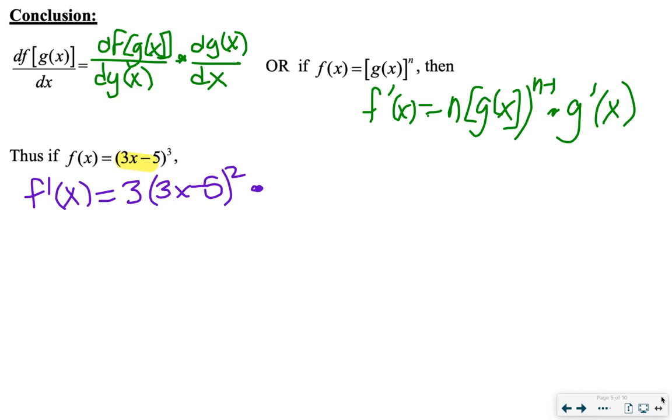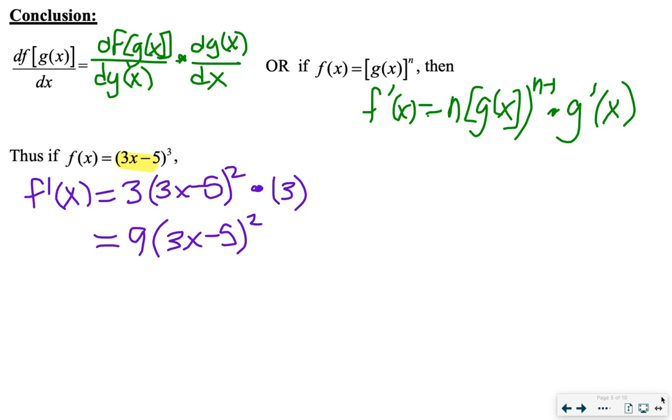Multiply the derivative of that g of x, which is just 3, and that simplifies to 9 times 3x minus 5 all squared. Now, I don't know about you, but I would probably say that's a lot easier than using the product rule and actually using the product rule within the product rule as we did on the last page.